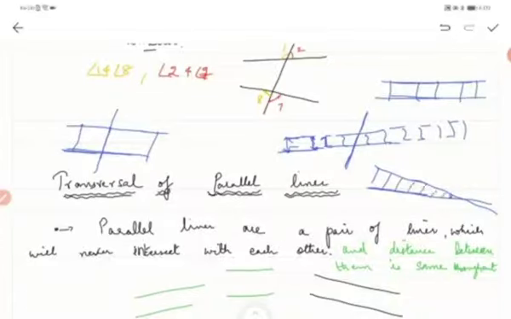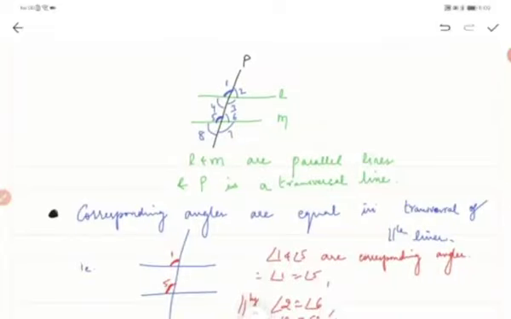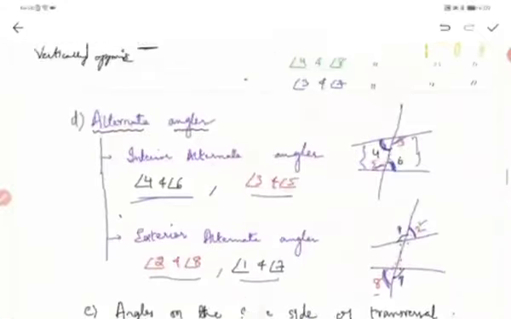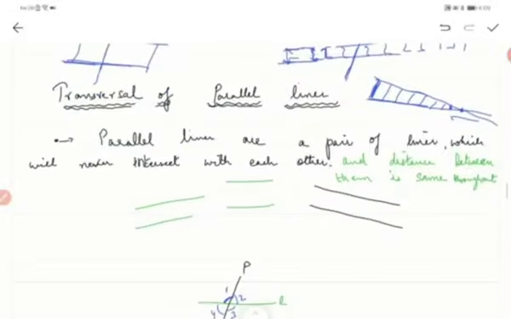Over here the distance between the two lines is very small, here it is very big, and they are going to meet at some point if they are not parallel. If they are parallel they will never meet, and the distance between them is always constant, the same throughout. All right, so parallel lines will also form the same angles that we saw with a transversal and two non-parallel lines.